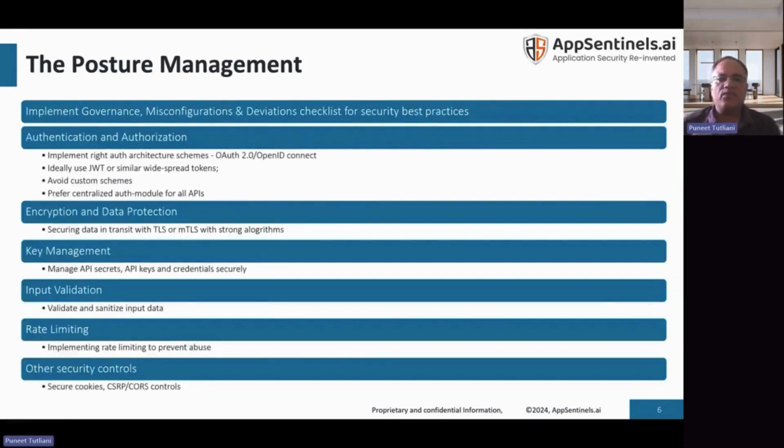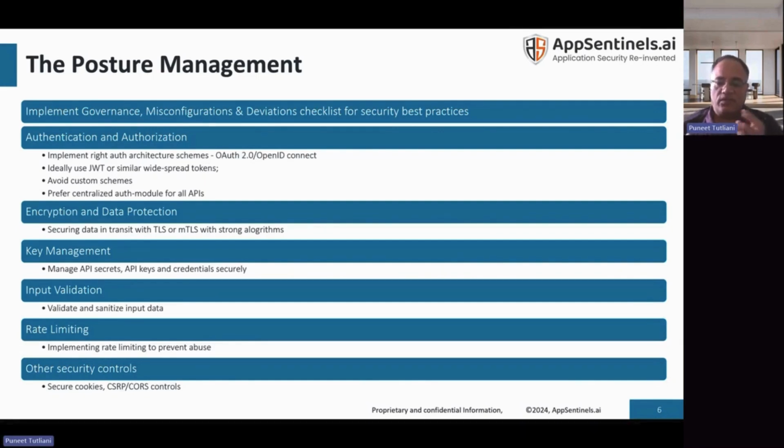On posture management, now posture management is more of a hygiene related thing. These are, I would say, non-negotiables to a certain extent. Organizations should make sure that there is an automated mechanism to check if these APIs are not having any issues with respect to governance, or any issues with respect to secure configuration of these APIs, or if there are any deviations from the best practices.